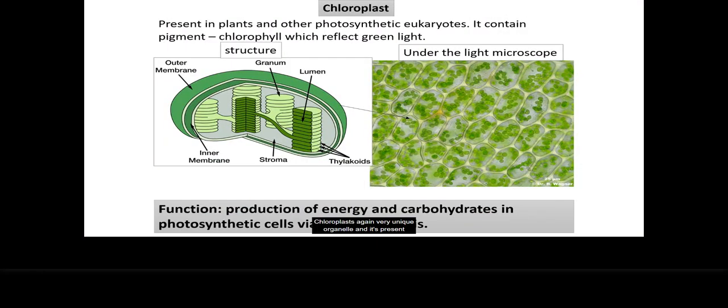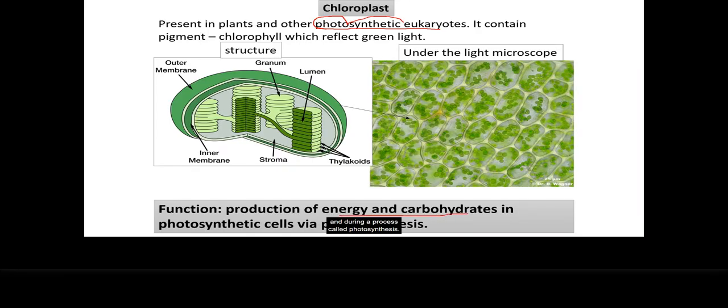Chloroplast, again, is a very unique organelle, and it's present in the photosynthetic eukaryotes, plants. They use photosynthesis, photo meaning light, synthesis meaning to produce. So organisms like plants use this to produce carbohydrates and energy.